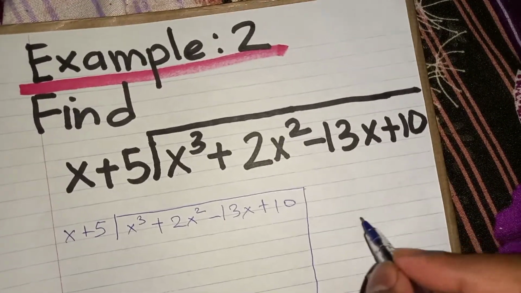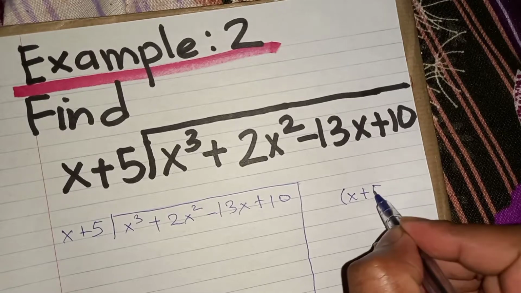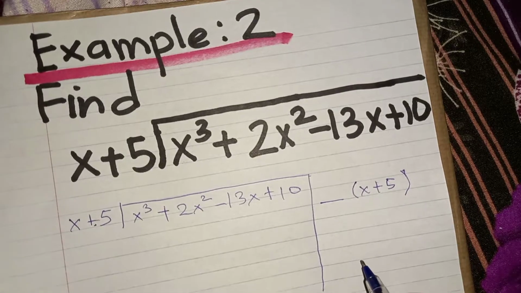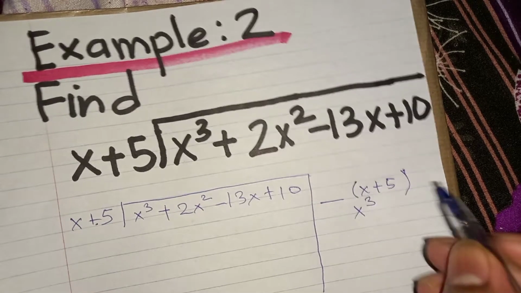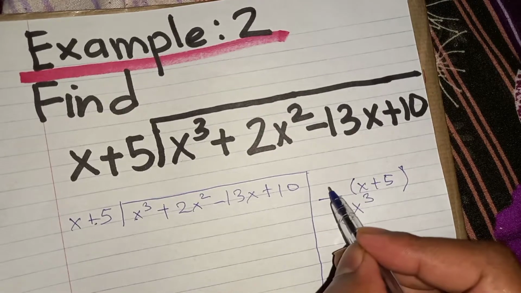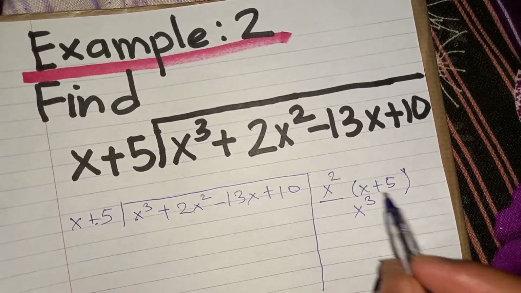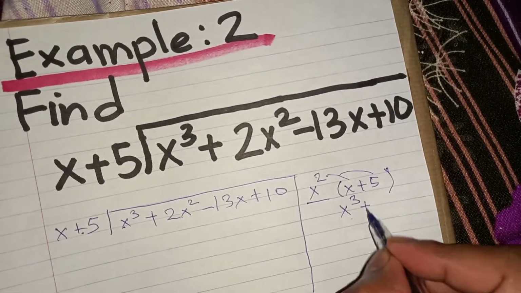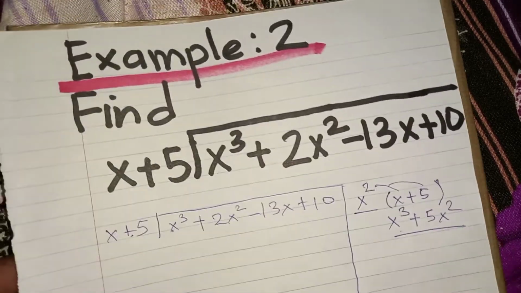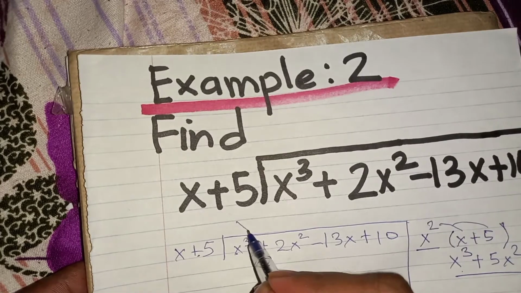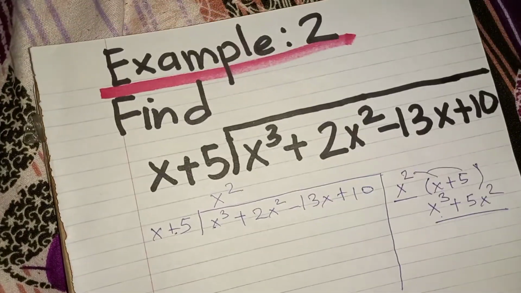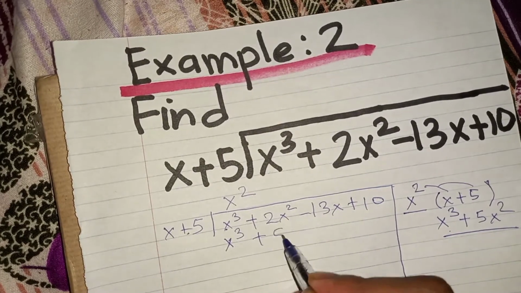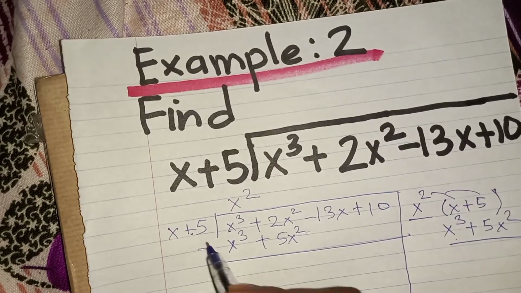Now on the side you can write x plus 5, which is coming from here, and you need to multiply something to give you x cubed. So you can multiply x squared with x to give you x cubed, and when x squared multiplies with 5, it is 5x squared. Now this goes on the top, x squared, and all of this goes here, x cubed plus 5x squared. You're going to subtract the result.